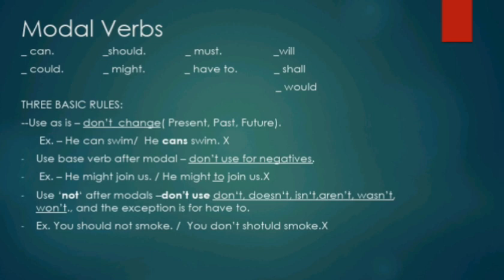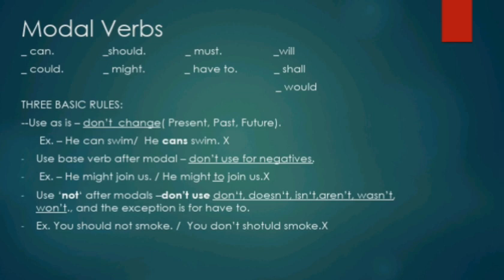And they behave differently from regular verbs, and that's why they are sometimes a little bit confusing. But let's look at some examples of modal verbs. We can see can, could, may, might, should, ought to, must, have to, will, shall, and would.